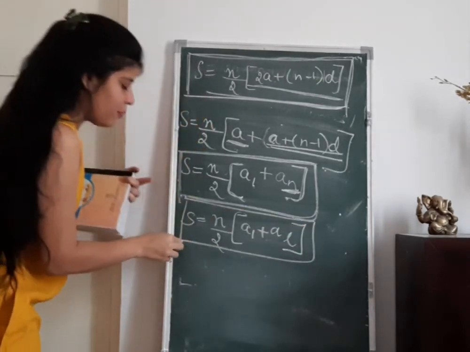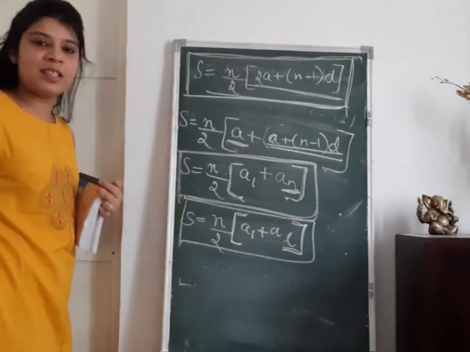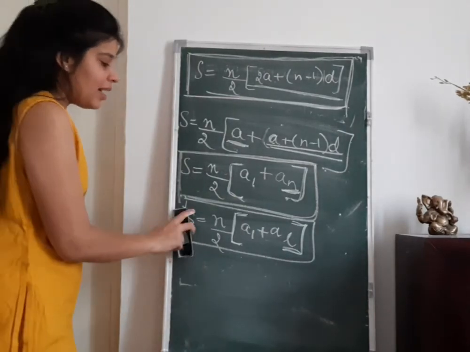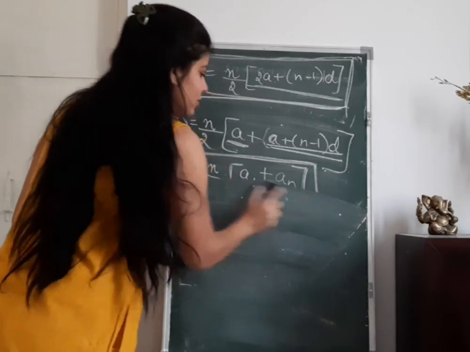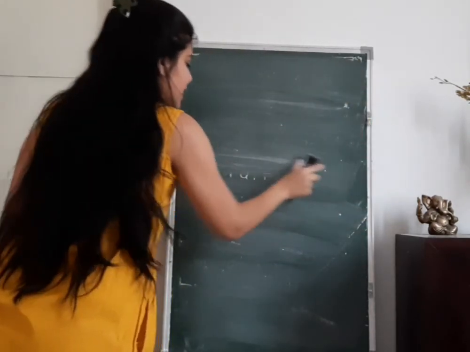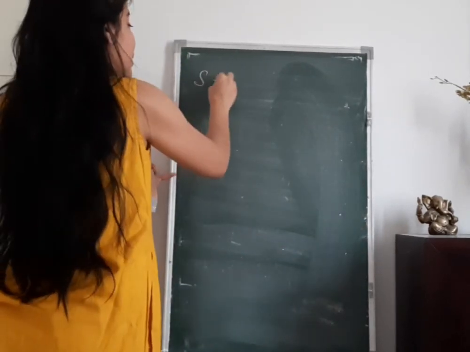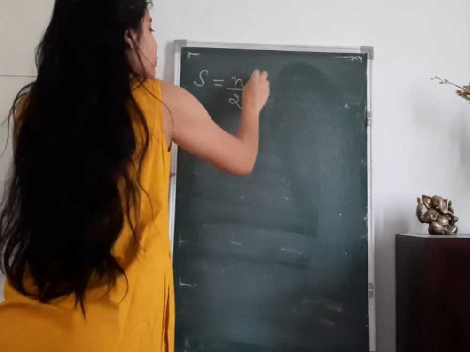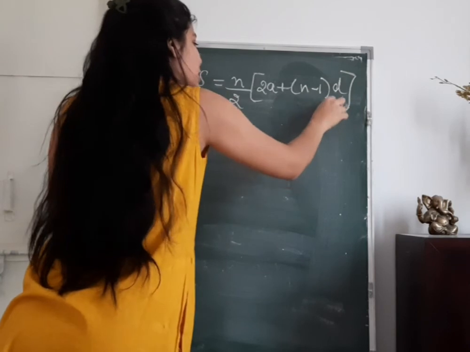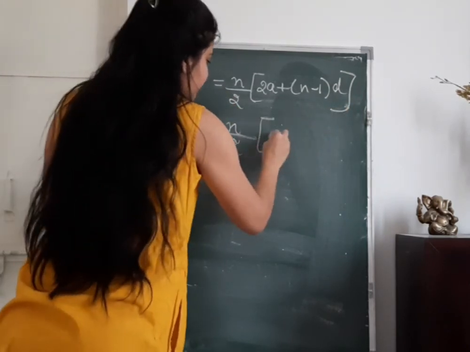S is equal to n upon 2 multiplied by the sum of the first term and last term. These two formulas are very important from your examination point of view, so you should learn them before you appear for your exam.